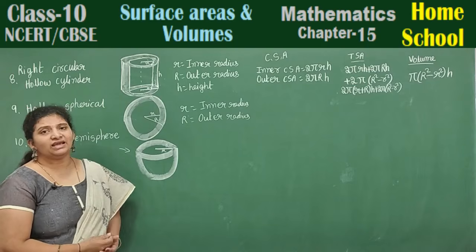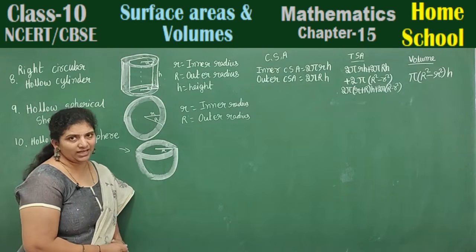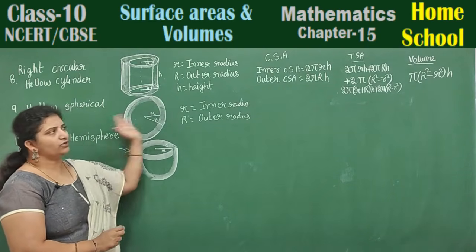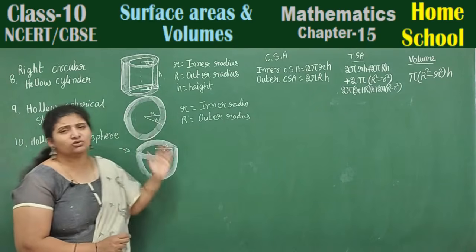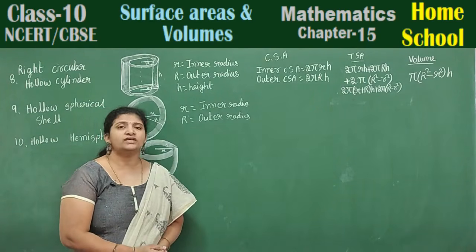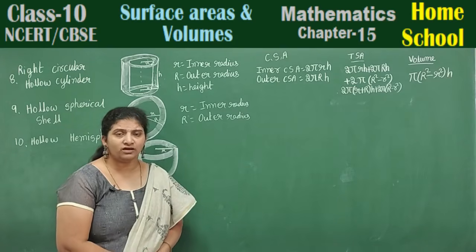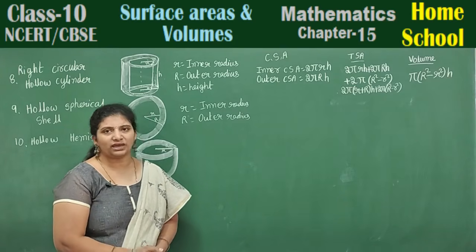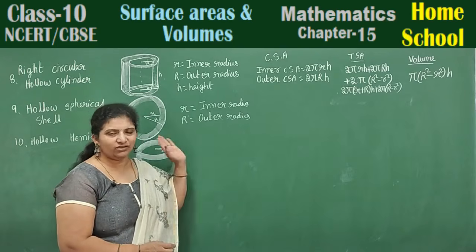In the hollow spherical shell, what you can see outside is only the curved surface area and total surface area. What is the curved surface area of a sphere? 4 pi r square. It doesn't change anything for this.